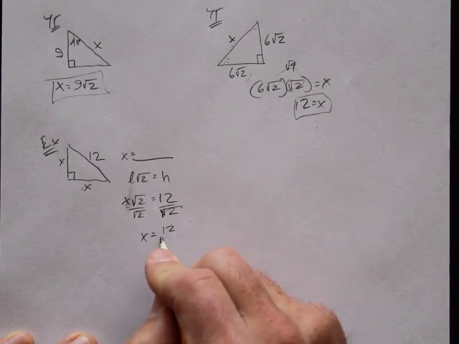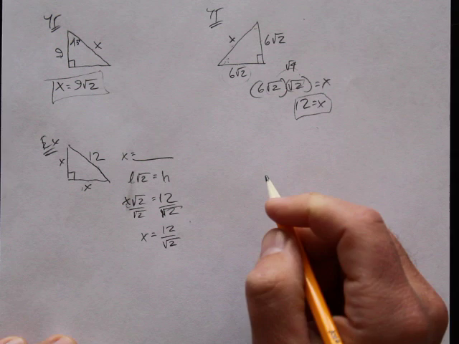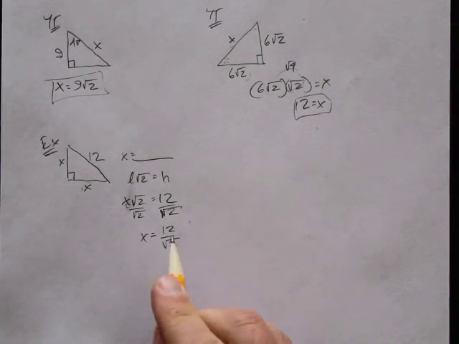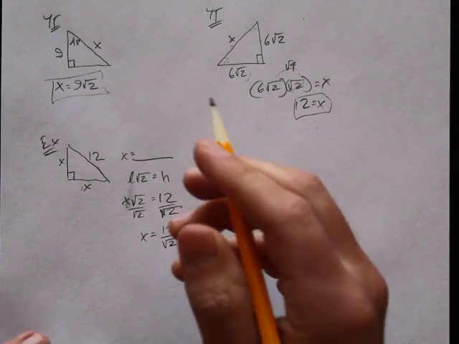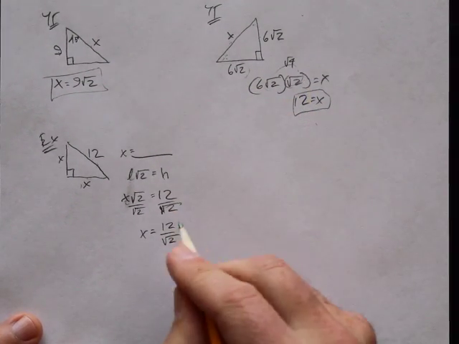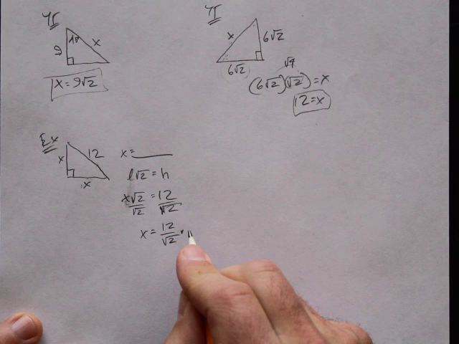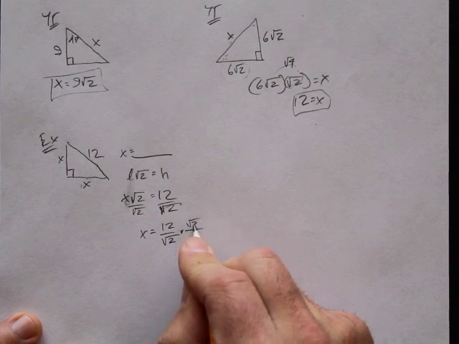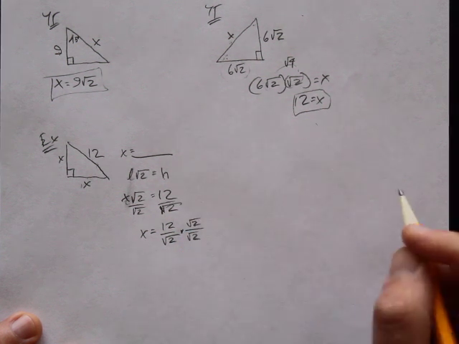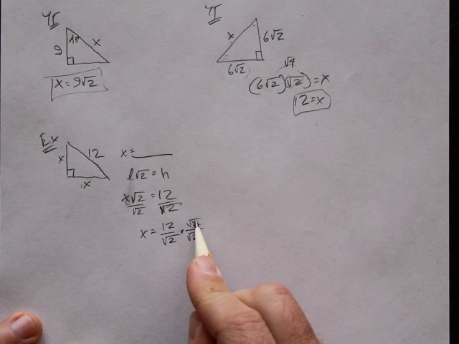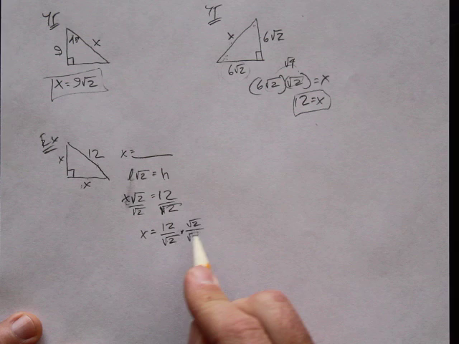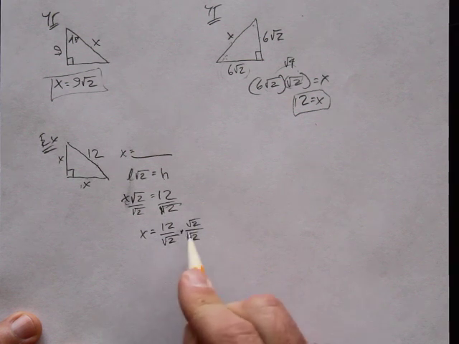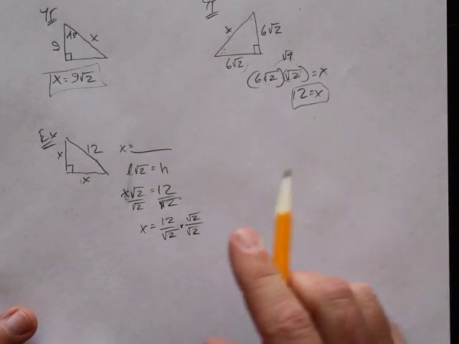Now, we have a problem here. We're not allowed to have a radical in the denominator. And so what we need to do is multiply this by 1. And the 1 I'm thinking of is the square root of 2 over the square root of 2. Any number divided by itself is 1, and so I can multiply any fraction by 1 and it'll be an equivalent fraction.